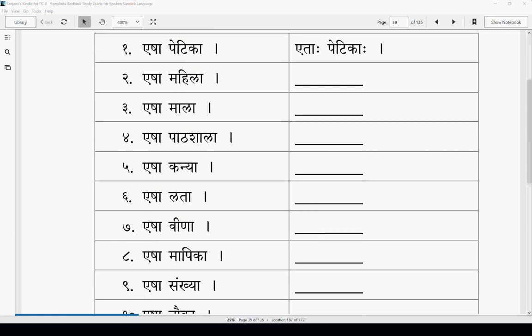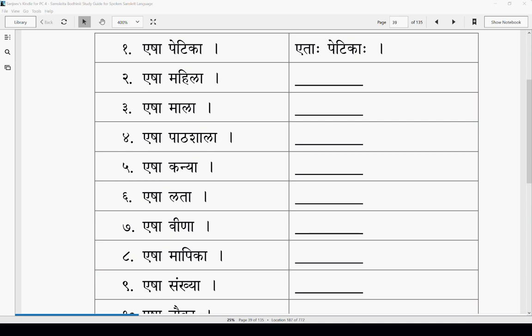एताः कन्याः. एषा लता. एताः लताः. एषा वीणा. एताः वीणाः. एषा मापिका. एताः मापिकाः. एषा... I don't know this one.